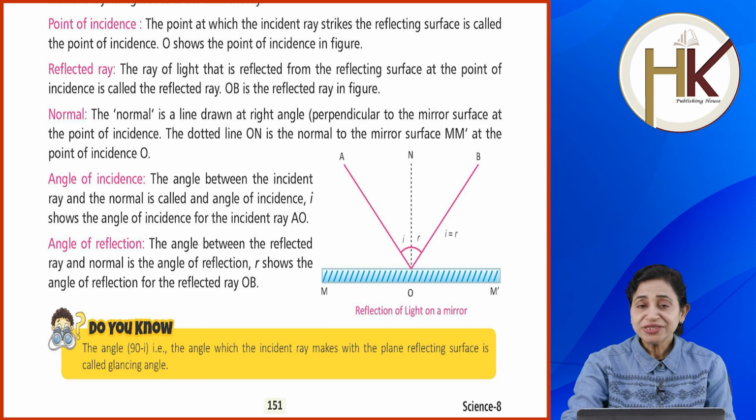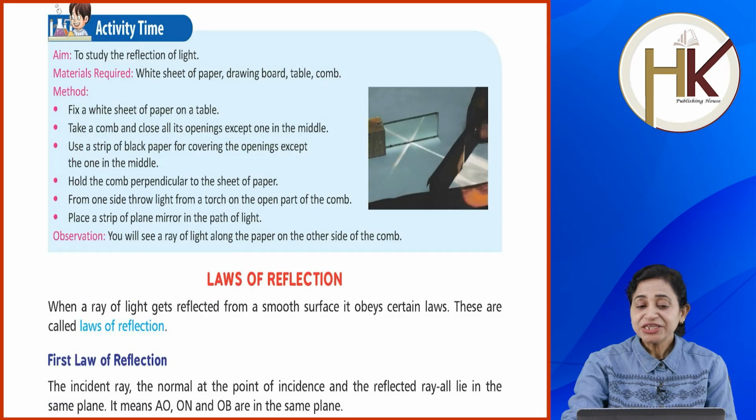Angle of reflection: the angle between the reflected ray and the normal is the angle of reflection. R shows the angle of reflection for the reflected ray OB. Do you know, the angle which the incident ray makes with the plane reflecting surface is called the glancing angle.